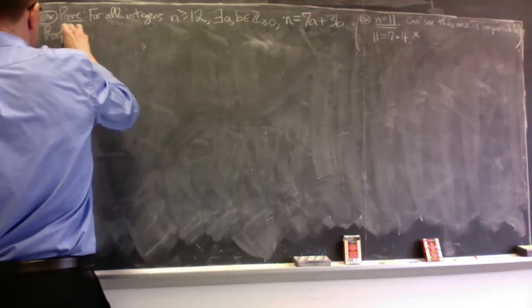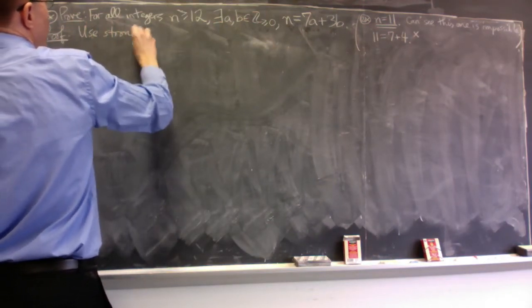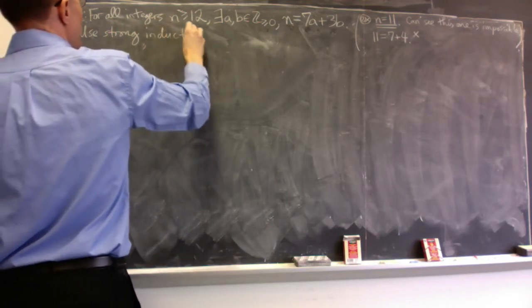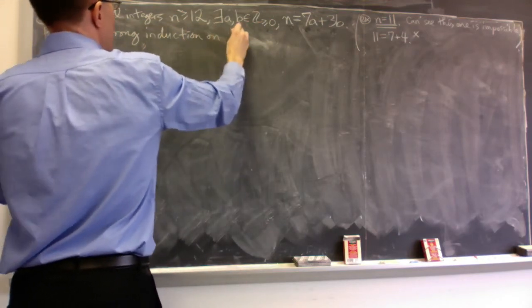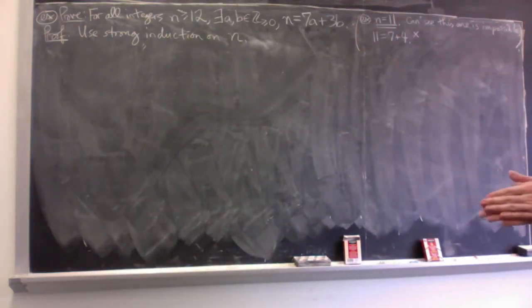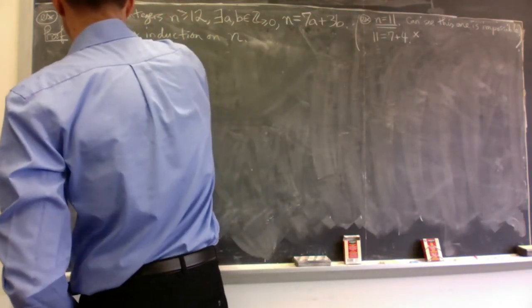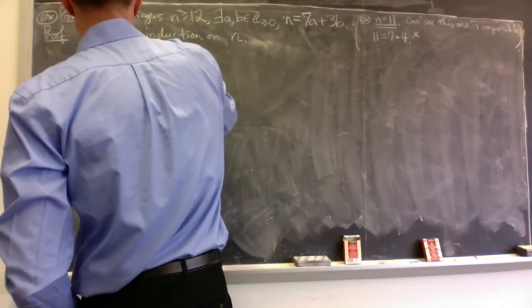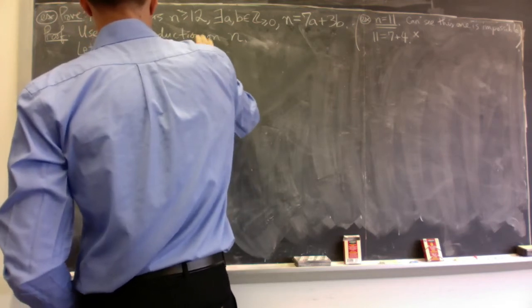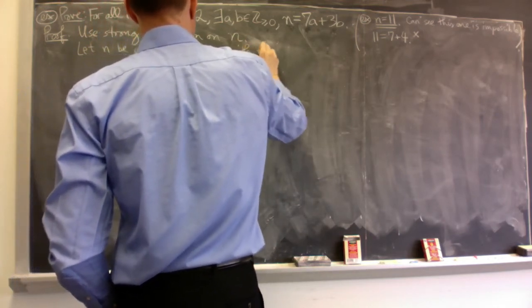So proof. And it might not be evident now, but strong induction is called for here. Strong induction on n. So we'll follow the template. We'll fix an n. Let n be a constant integer with n at least 12.